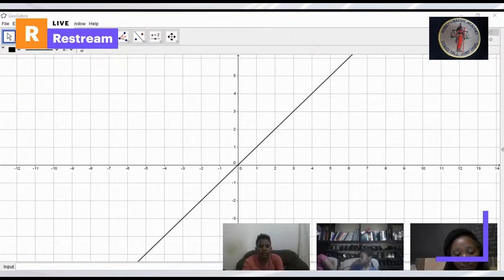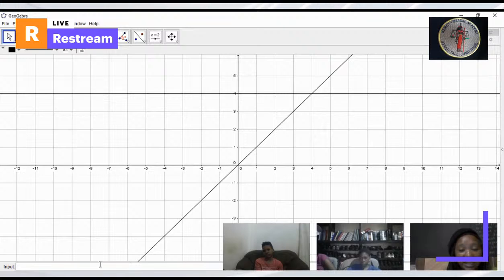Suppose I plug in my input y = 4. y = 4, just that, as simple as that. And I see this is the line y = 4. It's a straight line running through the point where y is 4.